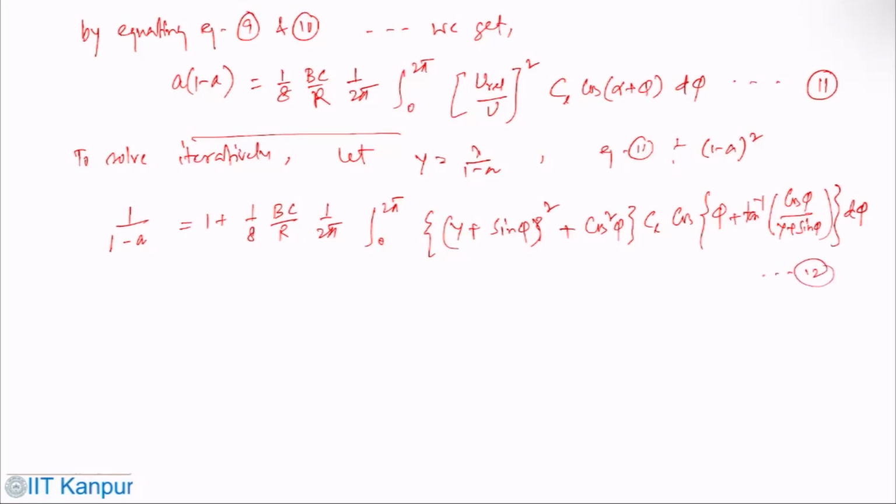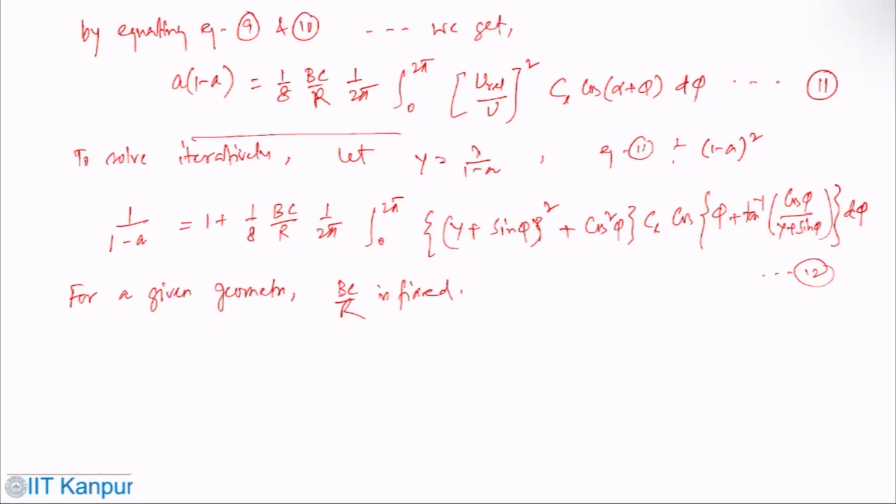Now, for a given geometry, Bc by R is fixed, then a value of y can be assumed and 1 minus a can be calculated.